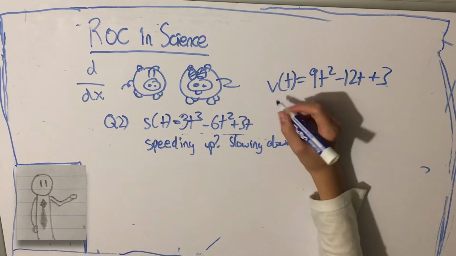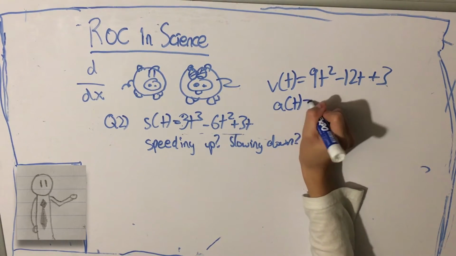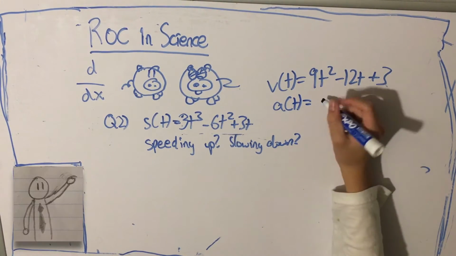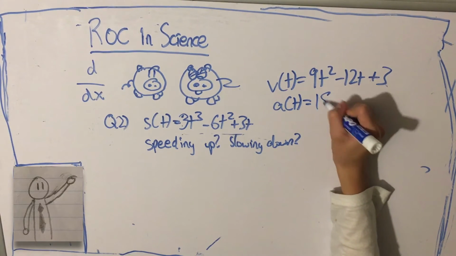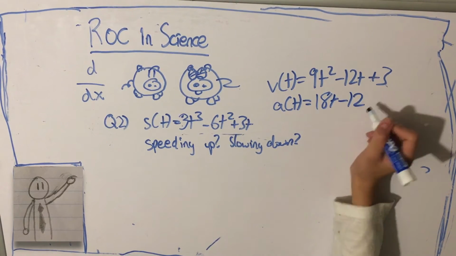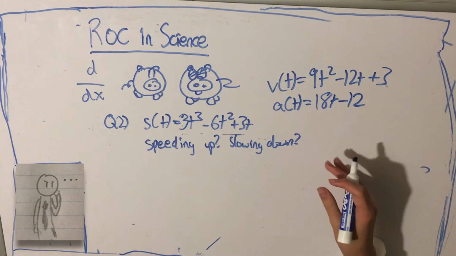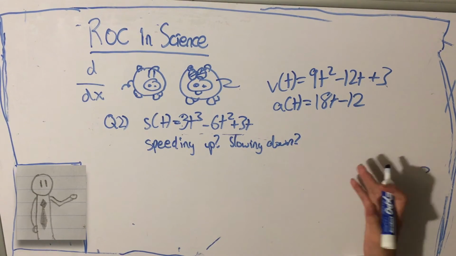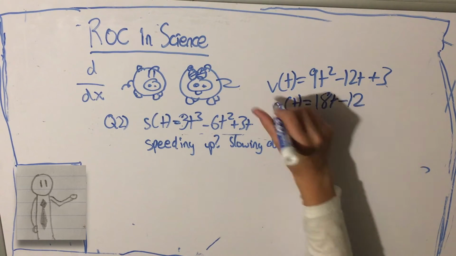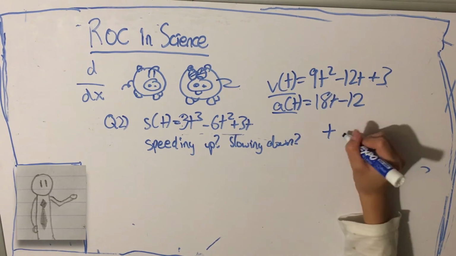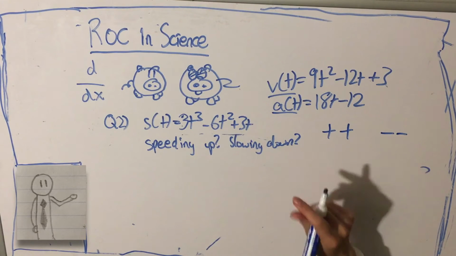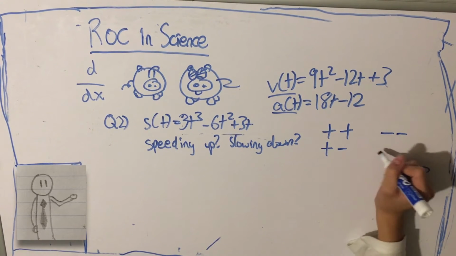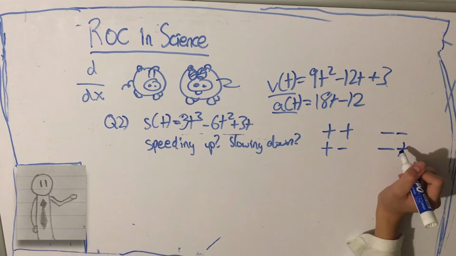So first let's get our acceleration function. That's just taking the power rule of this: 18t minus 12. As it turns out, a particle is speeding up when the velocity and the acceleration have the same sign, and it is slowing down when velocity and acceleration have opposite signs.